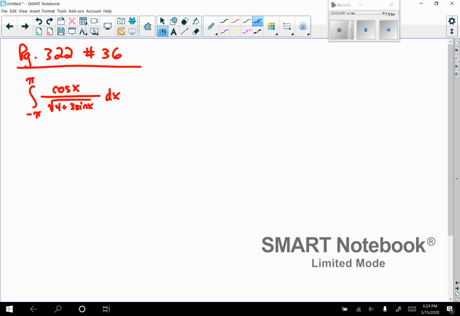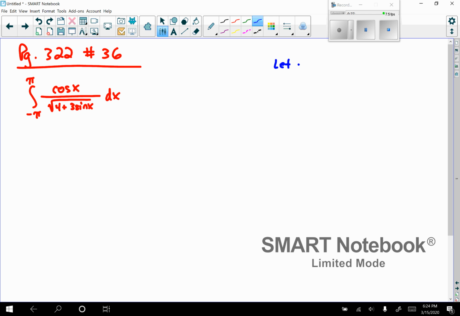All right, so the question here is, what are we going to let u equal? Most of the time, when we see a square root, we tend to let u equal the part underneath it. And here's another good clue as to why: when we take the derivative of sine x, it's going to give us cosine x, so that's going to help us get rid of this cosine x that's in the numerator.